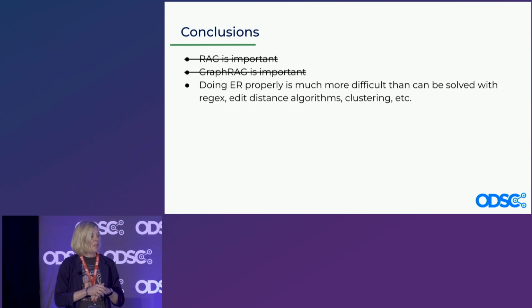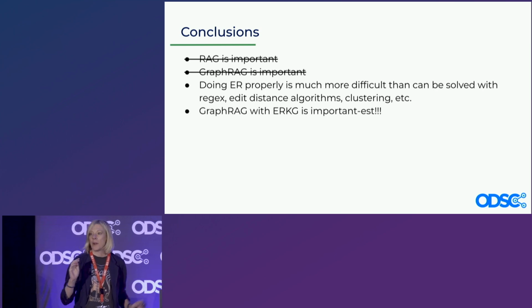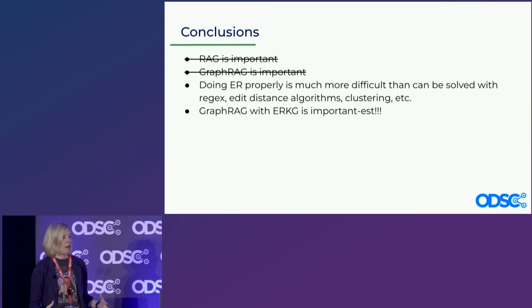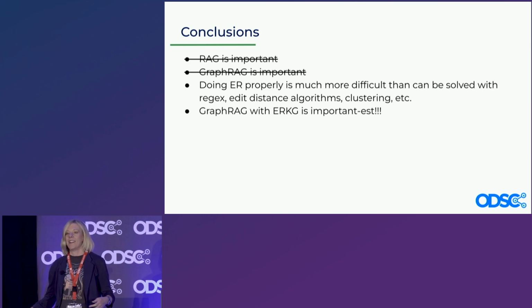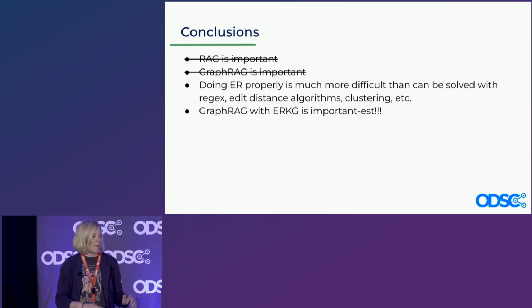Next, doing entity resolution is hard, but it can be solved with the proper tooling. That proper tooling is not regex, it is not clustering, it's not character distances. You want to think about bringing proper tooling to bear when you're creating your entity resolved knowledge graphs. And graph RAG with ERKG is the importantest.